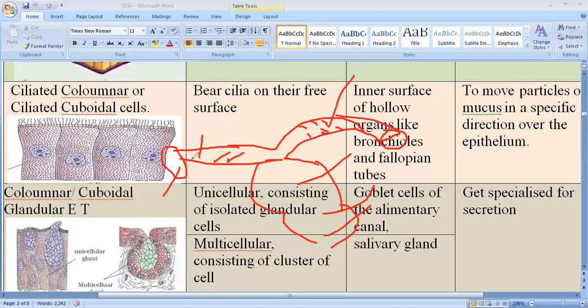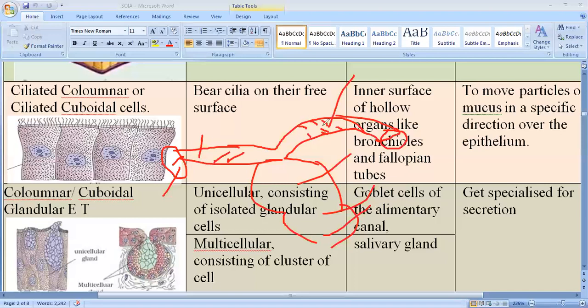When the ovum is released, by the movement of these cells it can pass into the uterus and attach to the endometrium wall of the uterus to cause conception.